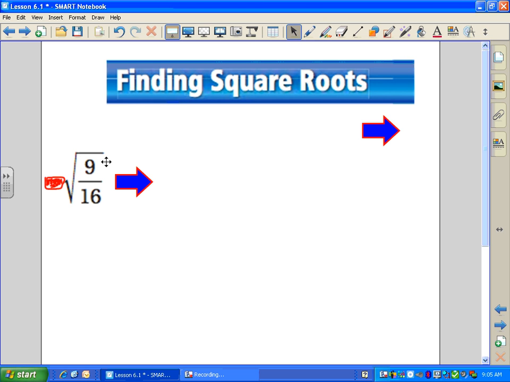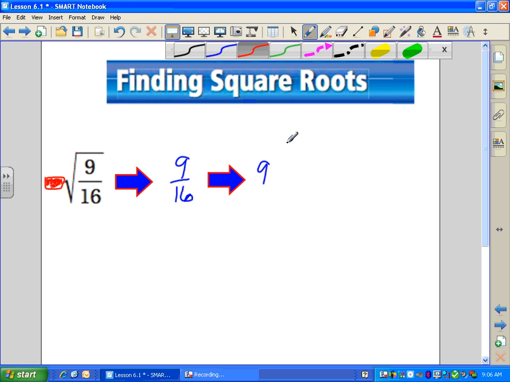All right, I'm going to rewrite the problem as just a fraction, 9 over 16. Now 9 over 16 really means 9 divided by 16. So I'm going to take my calculator and I'm going to type in 9 divided by 16.